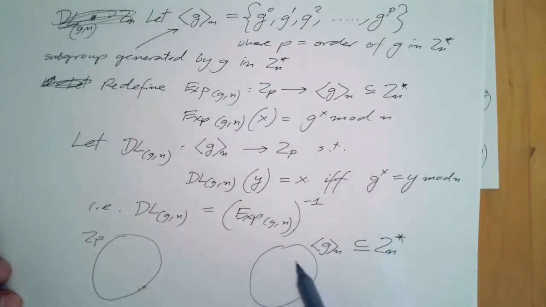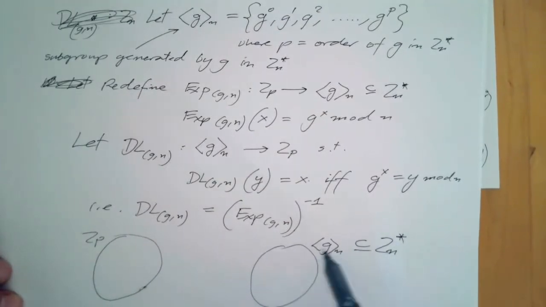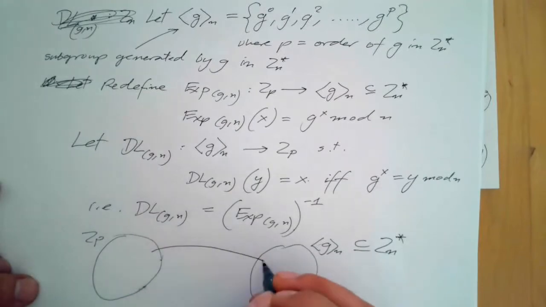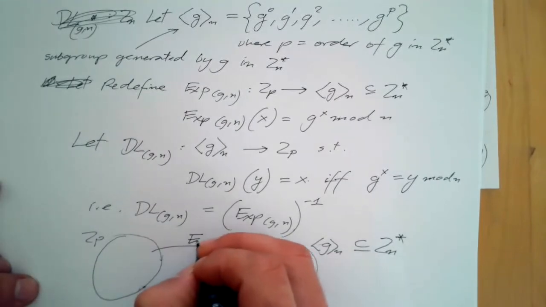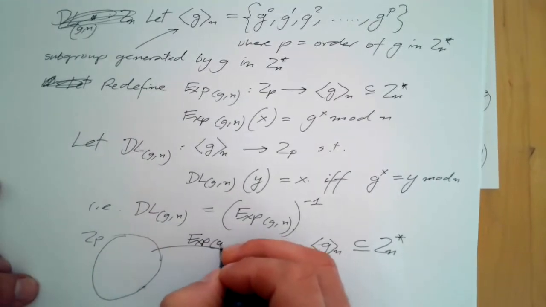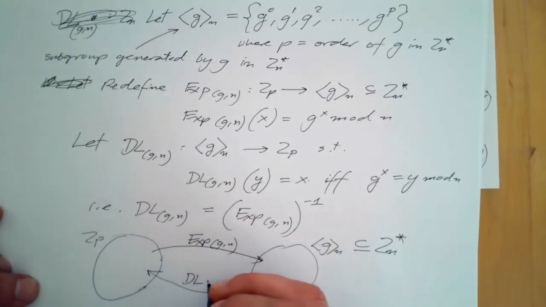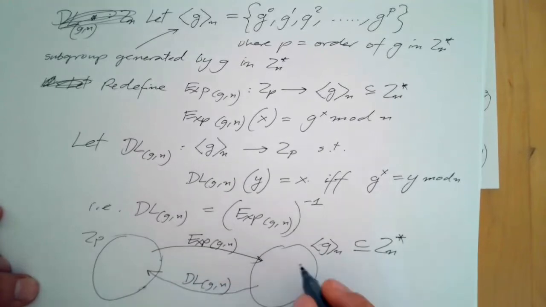Perhaps all the residues can be described as powers of g. Think of that at first. There is a function here that is efficiently computable, this exponentiation function. And there is a well defined function, the discrete logarithm function, that takes any element here and goes back.